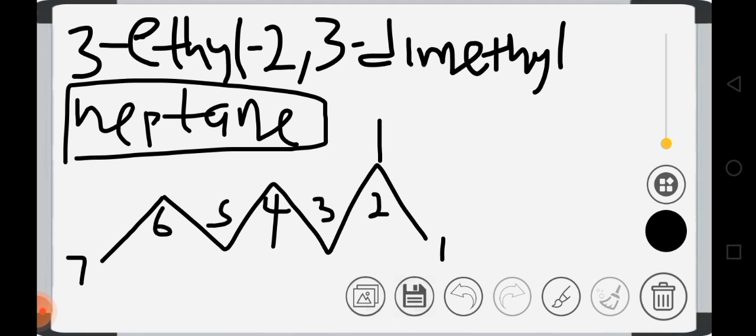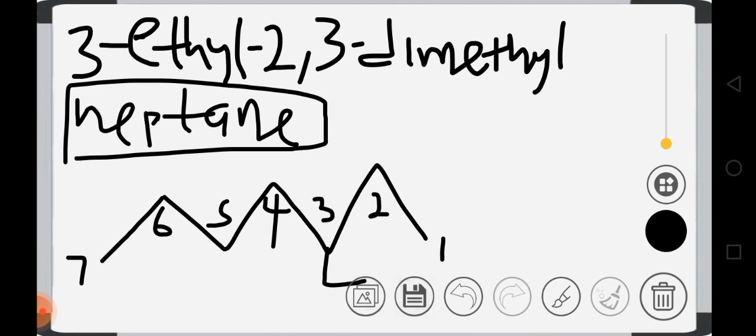So you put ethyl here. Ethyl will look like this. Then this one will be methyl, because we have already done this. Ethyl is on the 3rd carbon, so you put ethyl here.